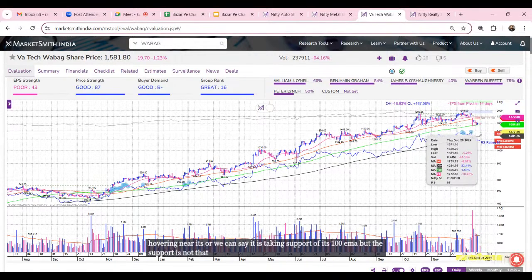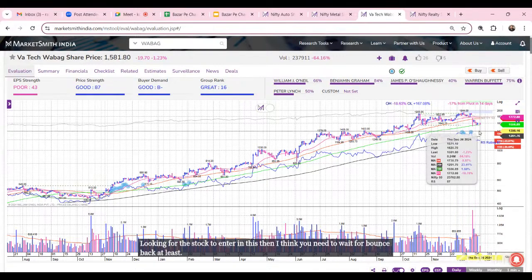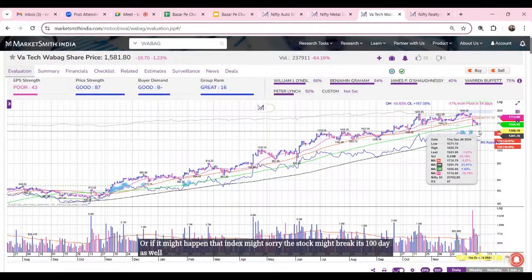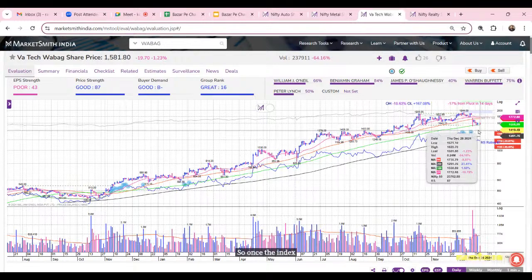Unless and until it bounces back from this level, if you're looking to enter this stock, I think you need to wait for a bounce back at least. Or it might happen that the stock breaches its 100 EMA as well. But again, it depends upon the move of the market, or the buying interest and selling interest in this stock. So once the index bounces back from here, then obviously you can enter.